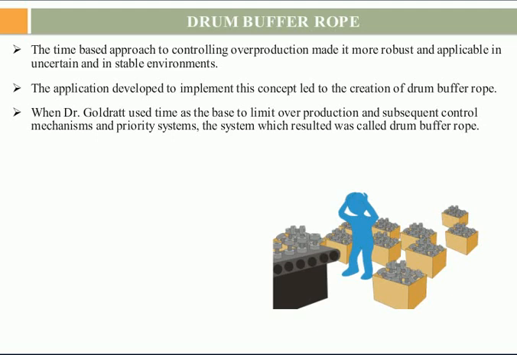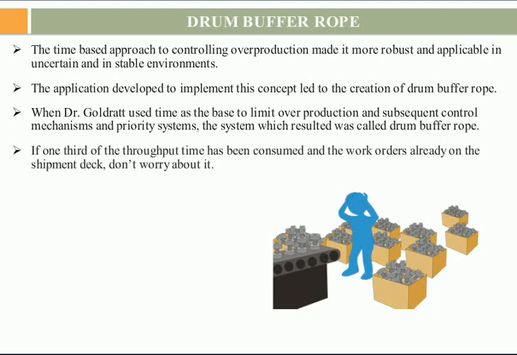But here it is just sufficient for me to mention that this system tracks all the work orders on a shop floor based on how much of the throughput time has already been consumed and what is the status of the work order. If 1/3 of the throughput time has been consumed and the work order is already on the shipment deck, don't worry about it.